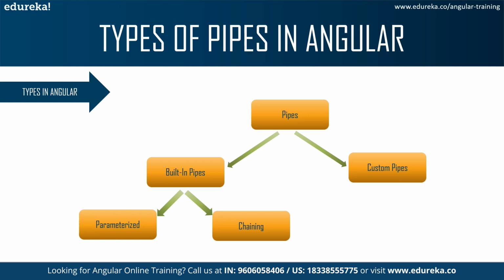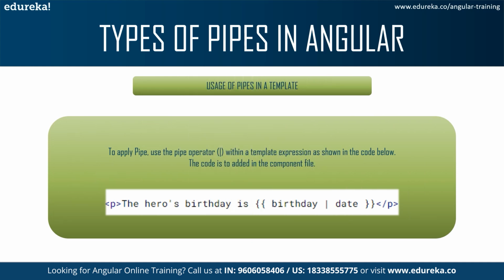Now, why don't we look deeper into each of the pipes? But before we get right ahead, we'll look into the usage of pipes in a template. Here, I might also add that you can define pipes in a template, which is the HTML part of your component. To apply your pipe operator within a template expression, you have to enclose this within double curly braces.